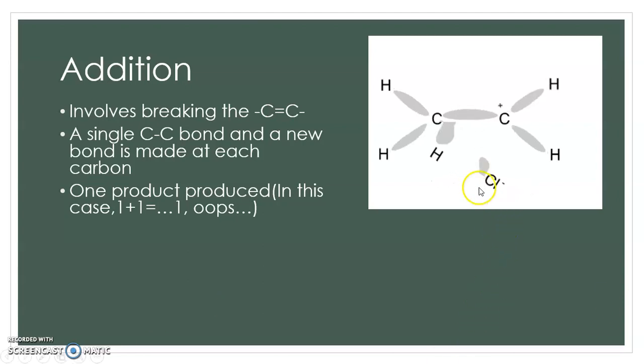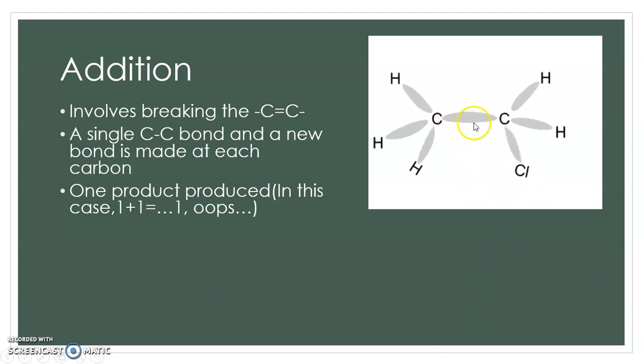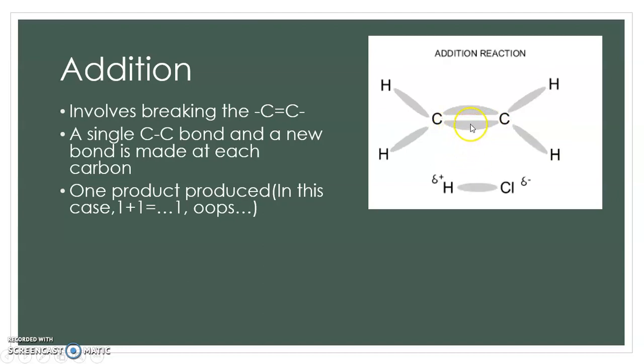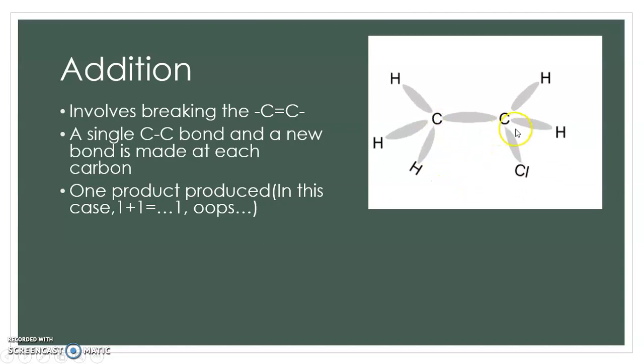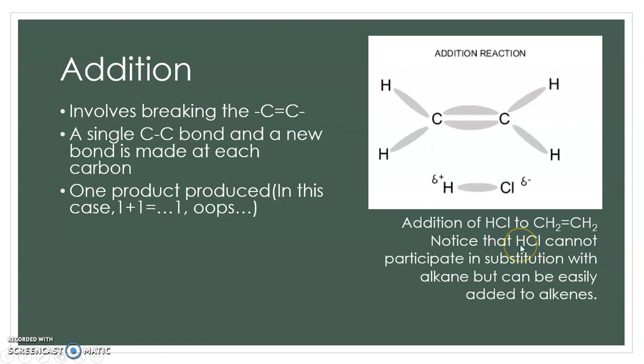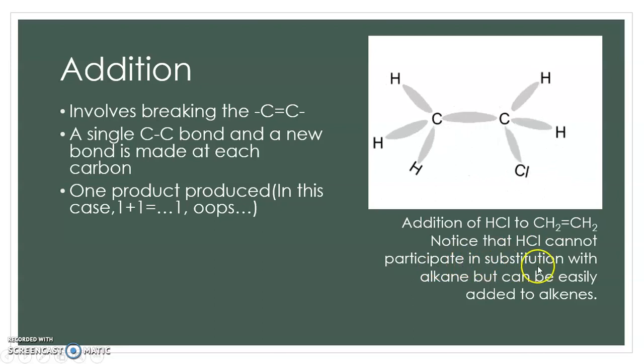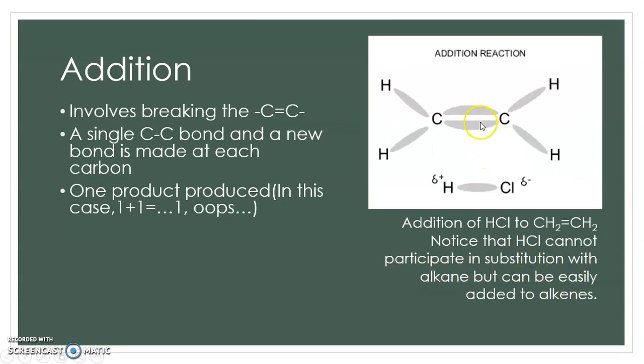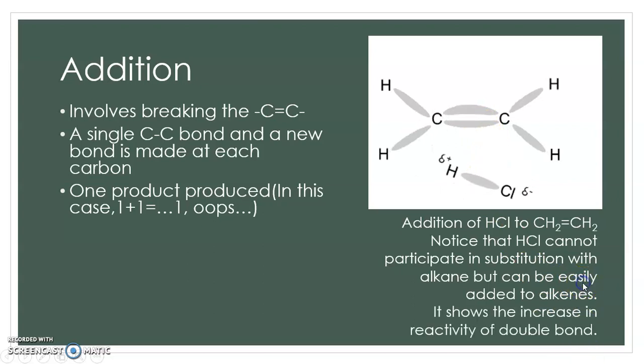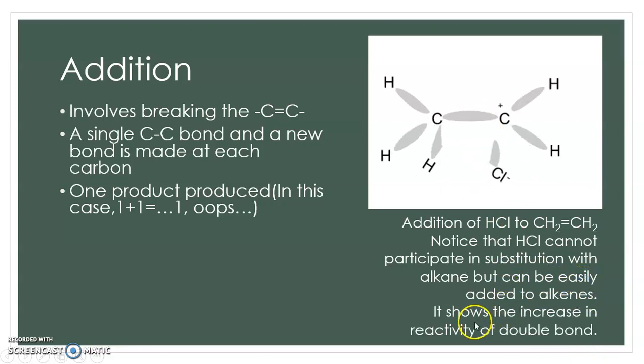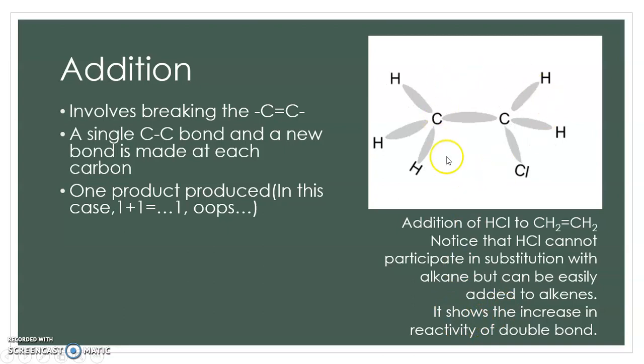Here is a reaction mechanism. We have hydrogen chloride adding to ethene. You will see that one double bond is broken, and hydrogen is added to one side, and chlorine is added to the other side. Notice that although hydrogen chloride cannot participate in a substitution reaction with alkane, it can be easily added to alkenes because the double bond increases the reactivity of hydrocarbons.